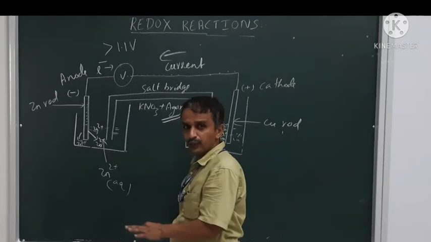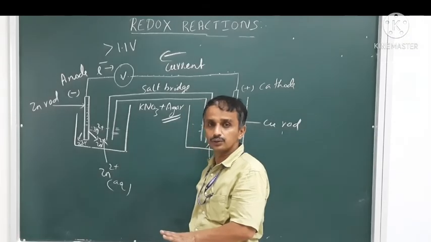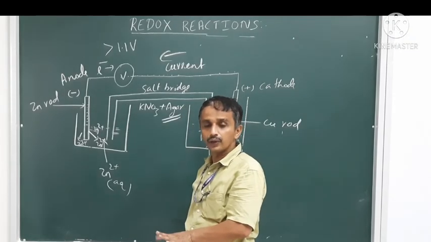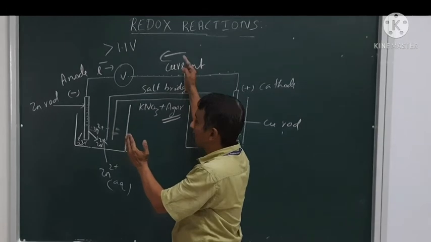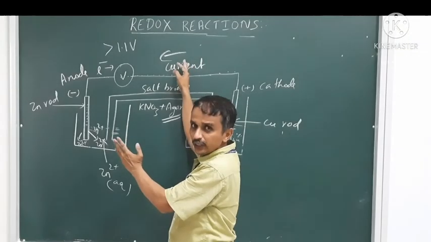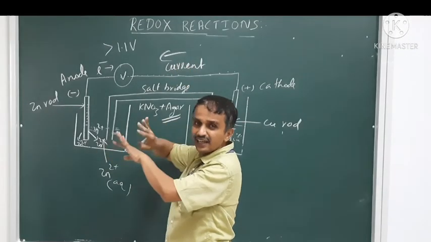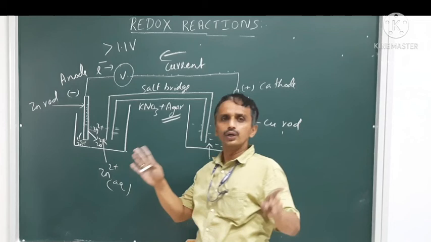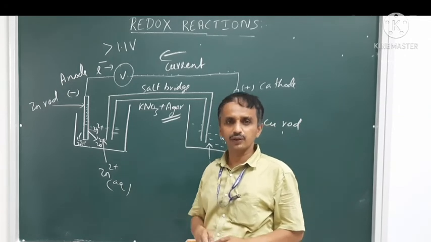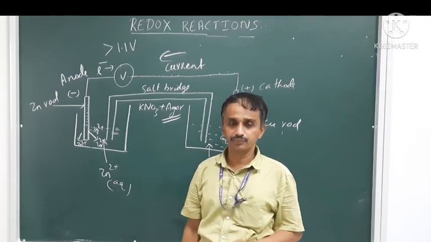Now, if it is 1.1 volt, what happens then? See, applied is 1.1 volt, what is produced is 1.1 volt, they cancel each other, no EMF will be there, zero EMF will be there, means the cell stops working.